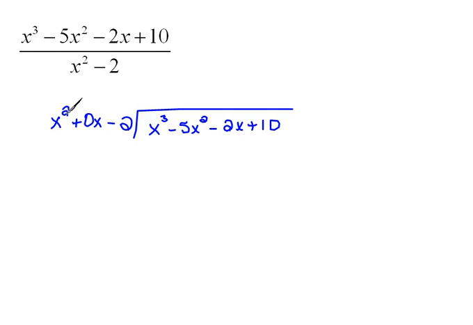What do we have to multiply times x squared to get x cubed? Well, that would be an x. So I'm going to keep x's nice and lined up in my x column here. And then we're going to multiply diagonally. So x times x squared plus 0x minus 2 would be x cubed plus 0x squared, and then minus 2x.